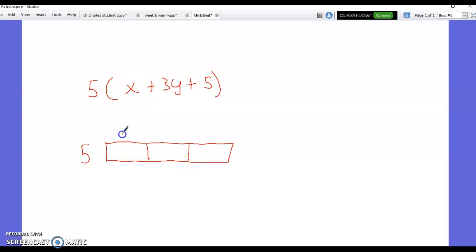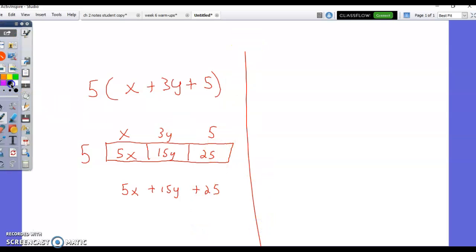So I would have x, 3y, and a 5. 5 times x is just 5x. 5 times 3y is 15y. 5 times 5 is 25, and they're all positive, so when I write out this answer, 5x plus 15y plus 25.